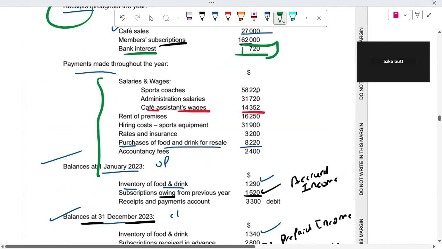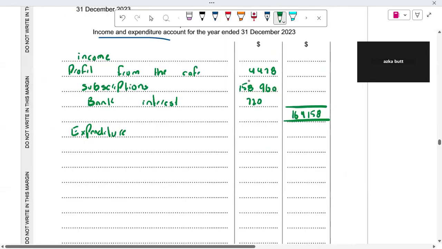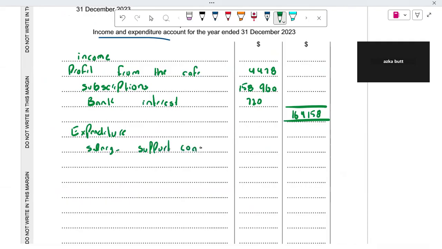Okay, so salary and wages, we have given the salary to sport coaches and administration salaries. So this will be part of the expense.